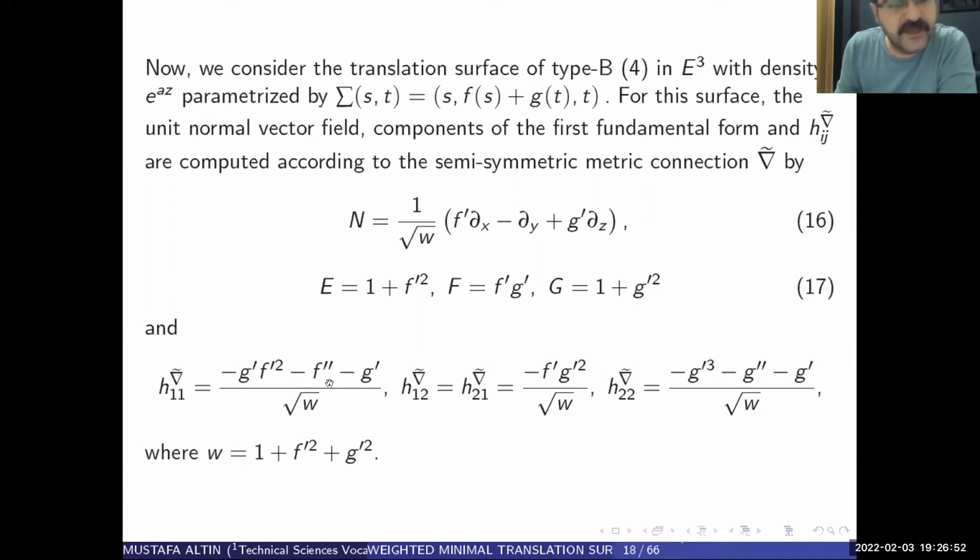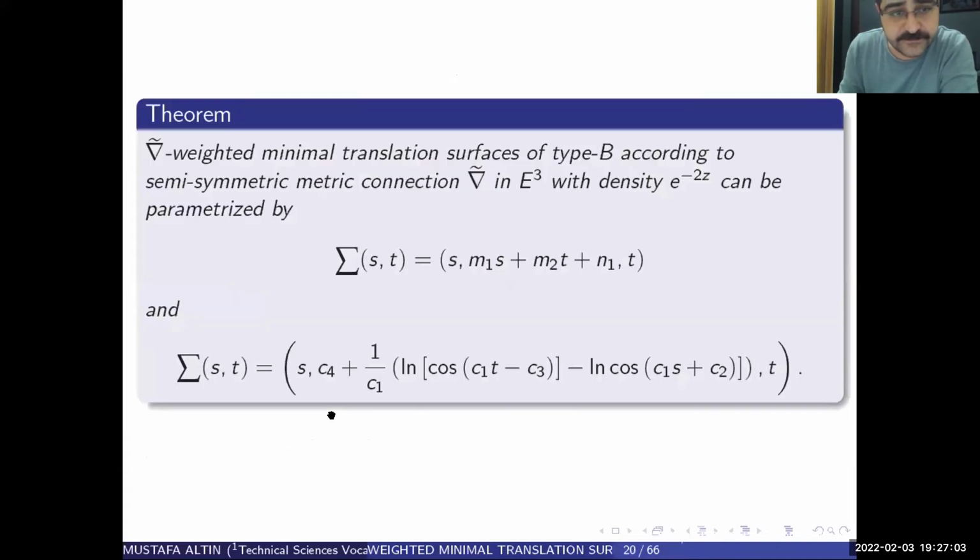Since we have no time, now we will give the similar theorems for translation surfaces of type B and type C. For type B, weighted minimal translation surfaces of type B according to the semi-symmetric metric connection in Euclidean three-space with density e^{-2z} can be parameterized by this surface and this surface.